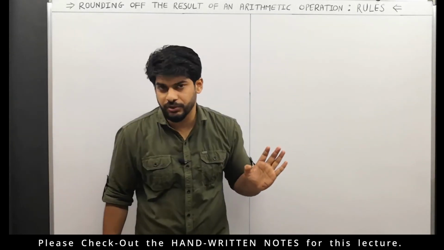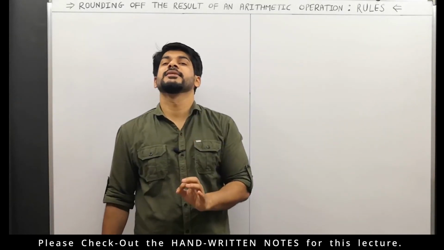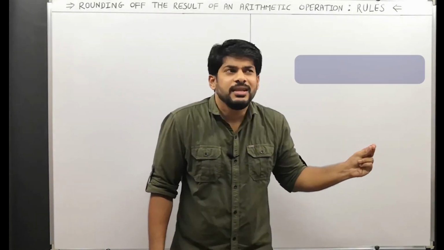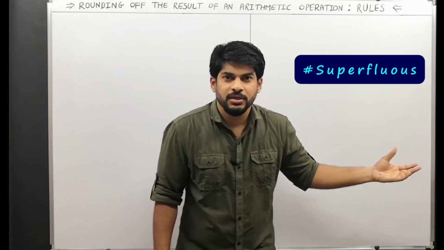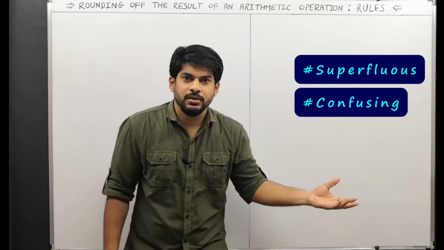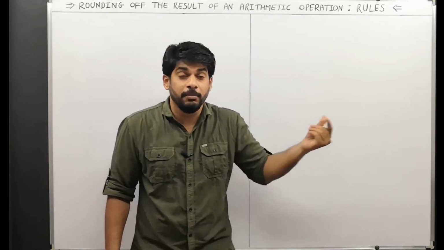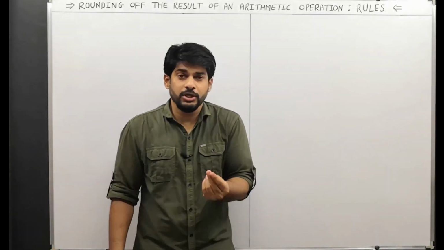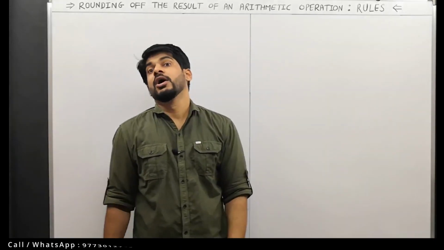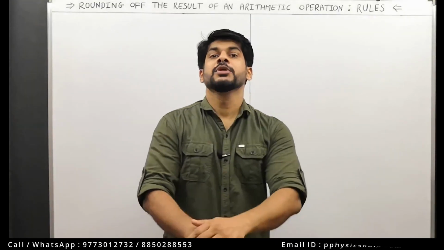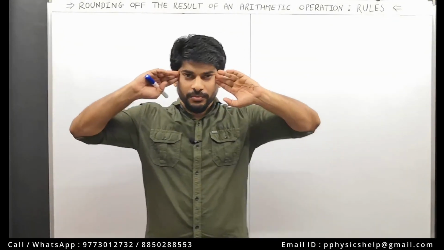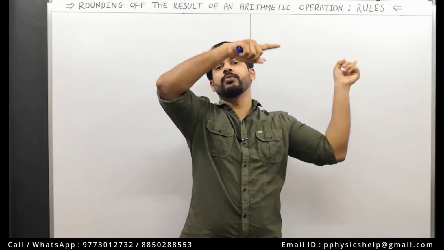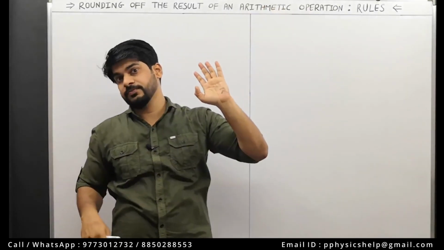Otherwise, you might end up with something superfluous or confusing, a number that gives a wrong idea about the measurement. That should not happen. That's why we need some rules for rounding off the result of mathematical operations.